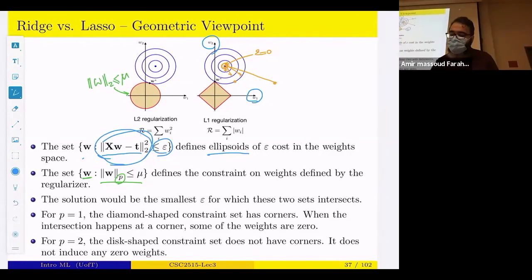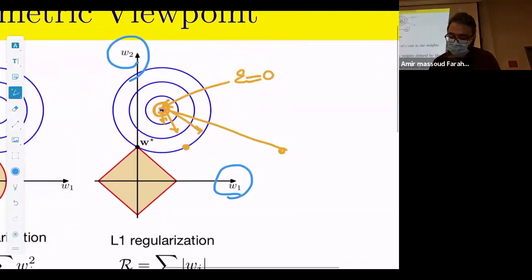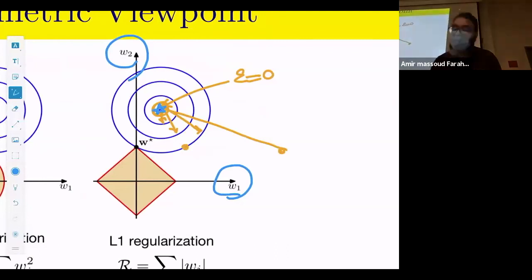The minimum would be at some point in this region. Say here is the minimum, which may or may not actually be 0. Maybe we don't have a solution for epsilon equal to 0, but it defines a quadratic curve that has a minimum, and I'm looking at different level sets of it.